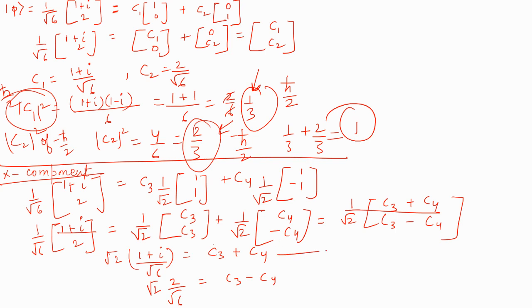Now solve these equations. This is 1 and this is 2. First add these two equations. It is root 2, not 2. In equation 1, C3 plus C4, because I'm adding these two matrices. This 1 upon root 2 will be in the denominator, so I'm taking this denominator to the left hand side for the solution purpose.